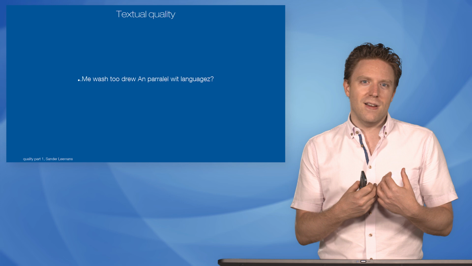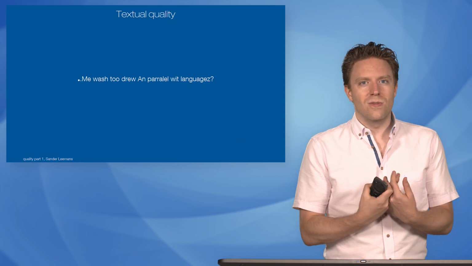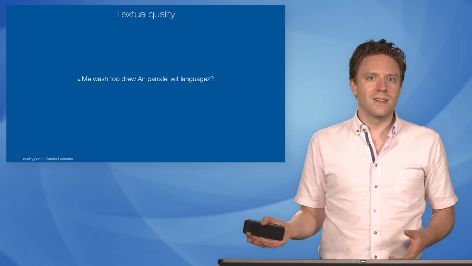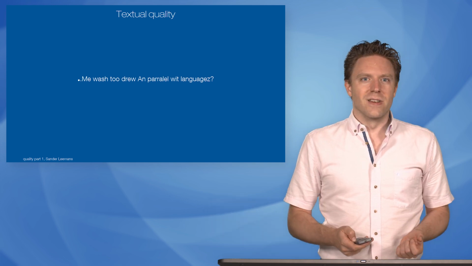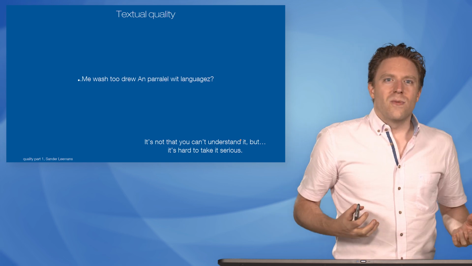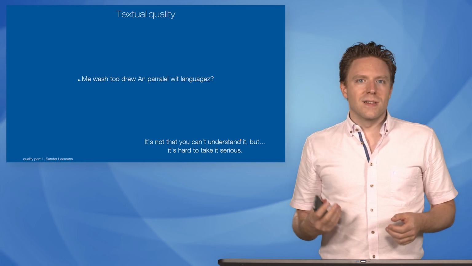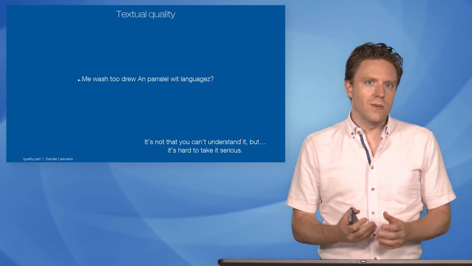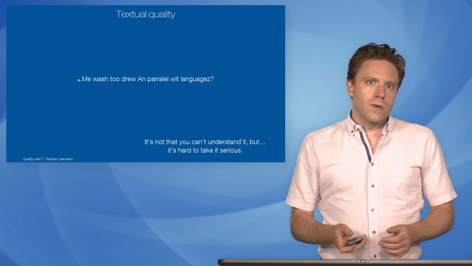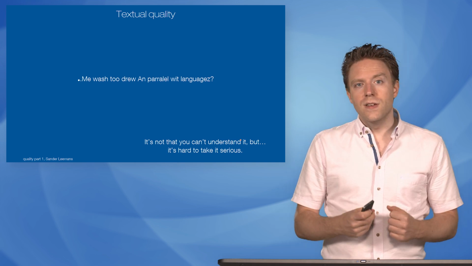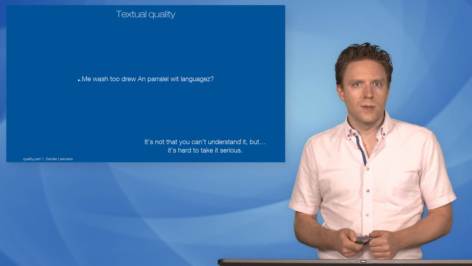But if I put this sentence into a report that I wrote as a consultant to my client, they're not going to take me seriously, right? So it's not that you cannot understand what I'm trying to convey, but it's just hard to take it seriously. There must be a bit of decorum around it. So that's why we need to take the quality of process models into account.